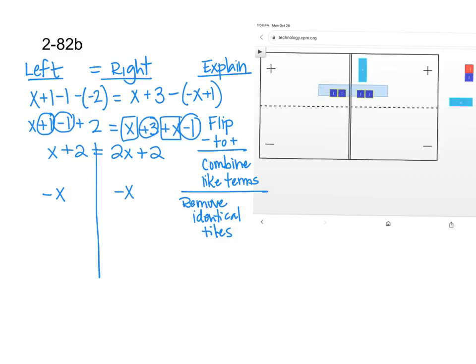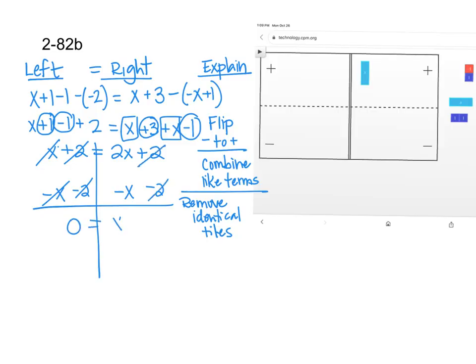I can remove identical tiles from the left and from the right, so I can remove 2 from the left and from the right. So now I am left with 0 on the left and x on the right. So in other words, x is equal to 0. Or in other words, the solution to this equation is x equals 0.